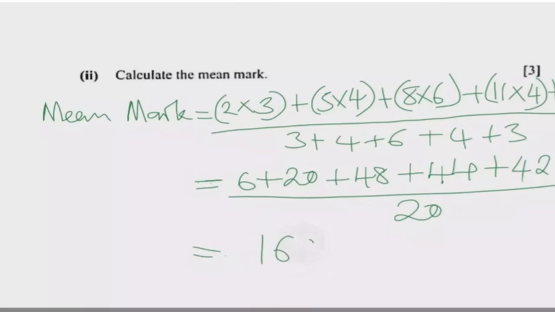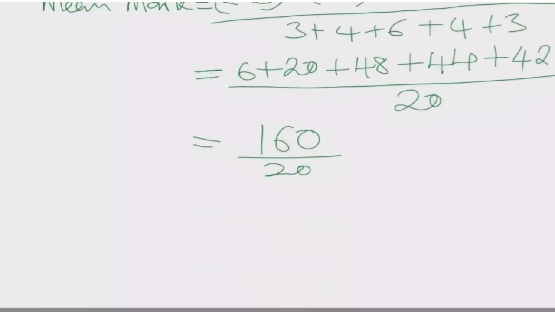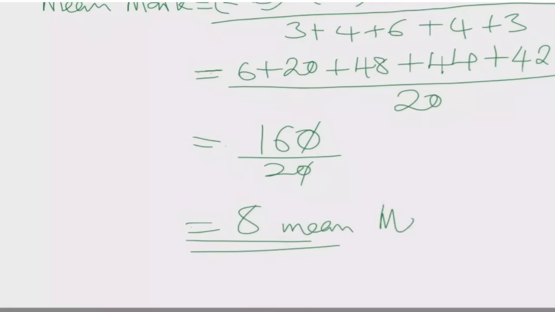So that is 160 divided by 20. To make our calculation easier, we just cancel this 0 and this 0. Then 2 into 16 will give us 8. Now 8 is the mean mark.